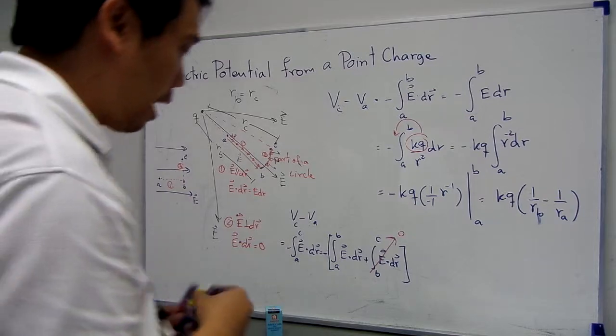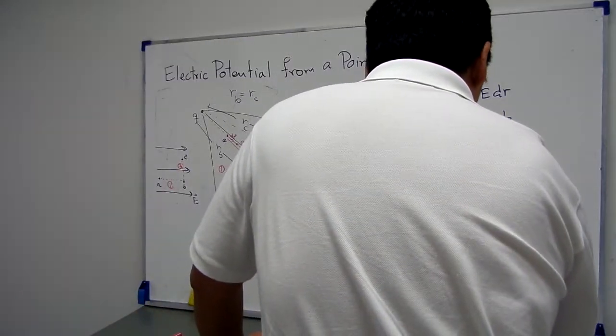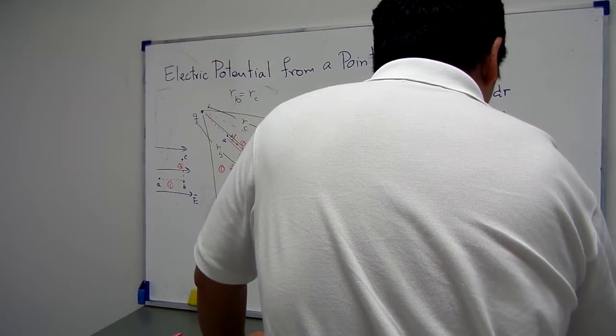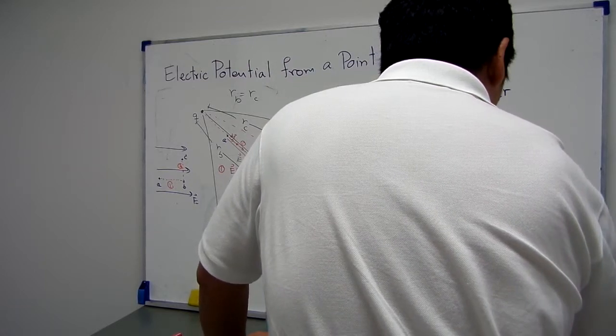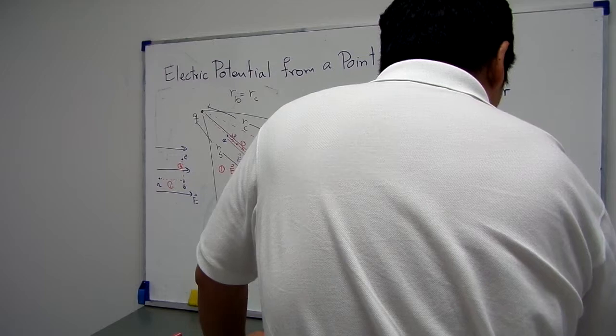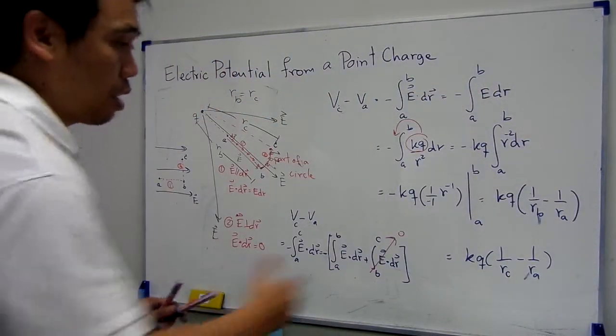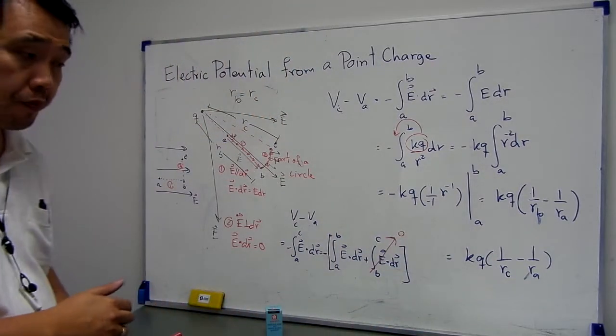So we can write the solution to be KQ times (1 over RC minus 1 over RA), because RB is equal to RC.